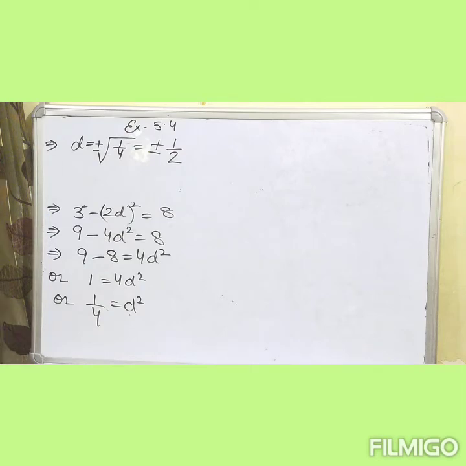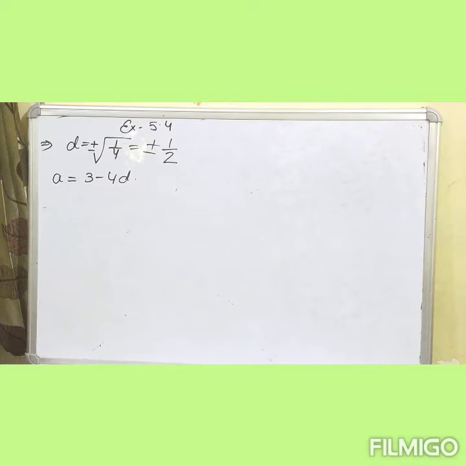Now we have the value of D. What do we have to do now? We have to find out the value of A. As the value of A was 3 minus 4D, we'll make two cases from here, because our two values for D are 1 by 2 and minus 1 by 2.